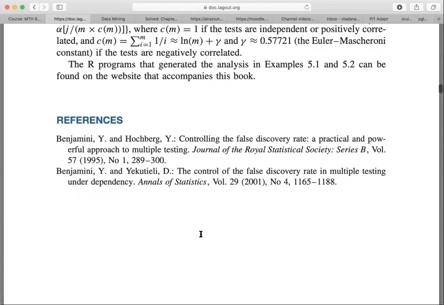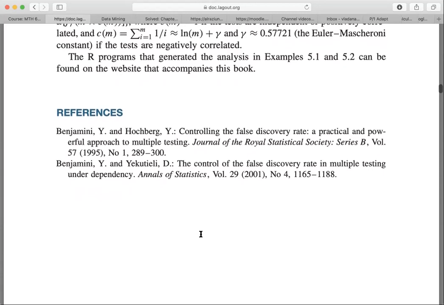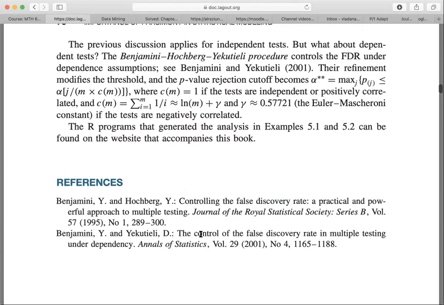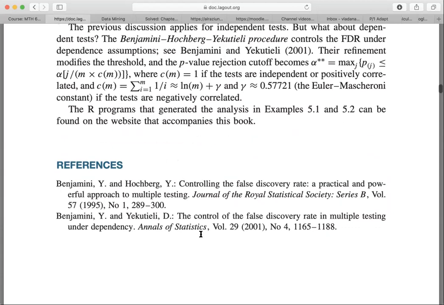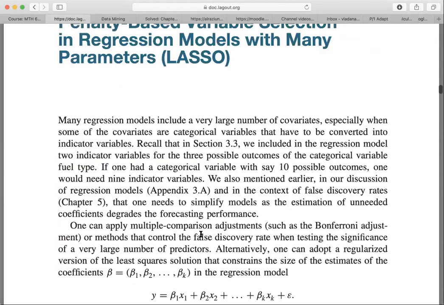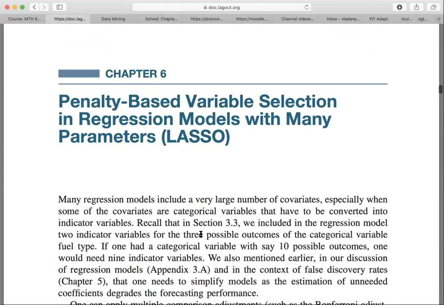This is where c of m equals 1 if independent, or c of m equals the summation from i equals 1 to m of 1 over i, which is approximately the ln of m plus gamma, where gamma is approximately 0.57721, if negatively correlated.